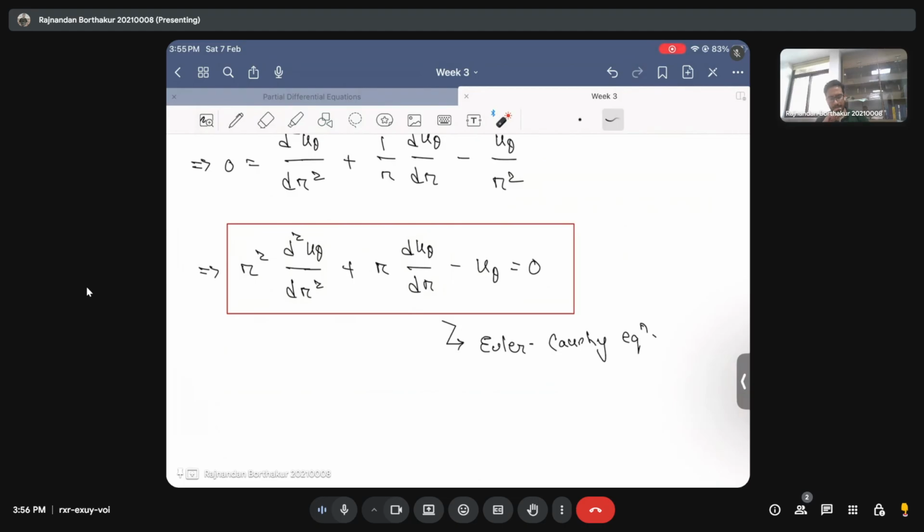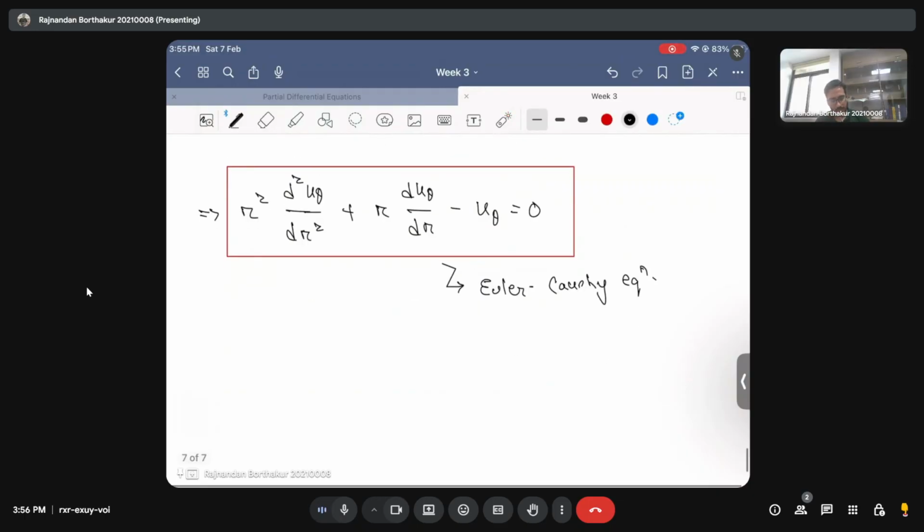But the good thing is that all these terms have the same dimension. For instance, r squared times d²u_θ/dr² has the same dimension as u_θ, and also the same dimension as r times du_θ/dr. So sometimes these ODEs are also known as equidimensional equations.